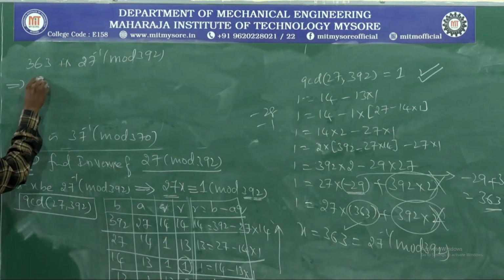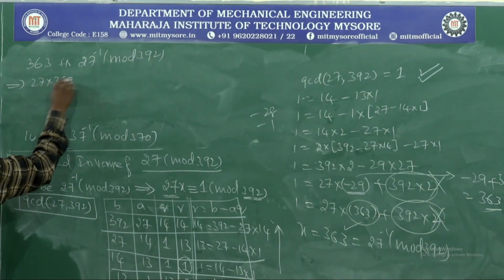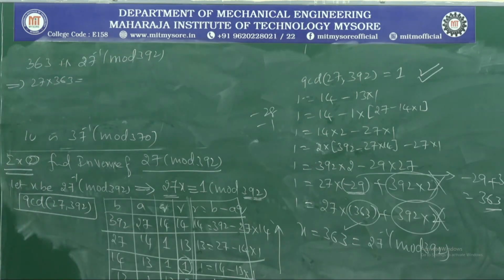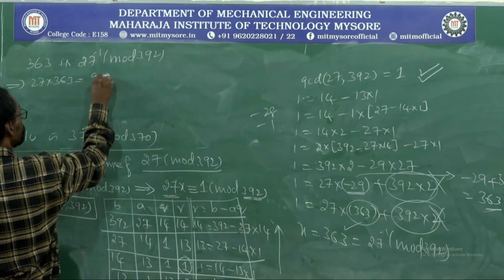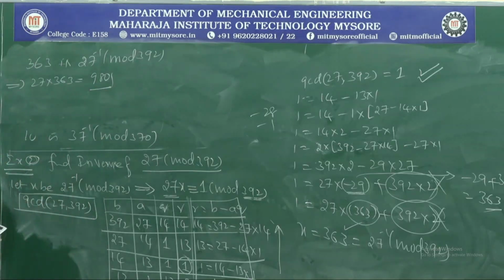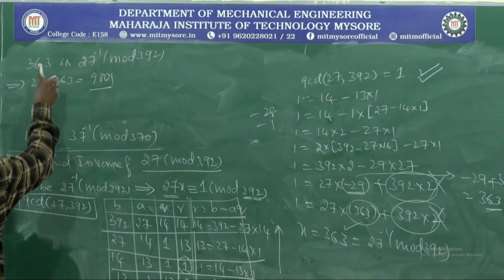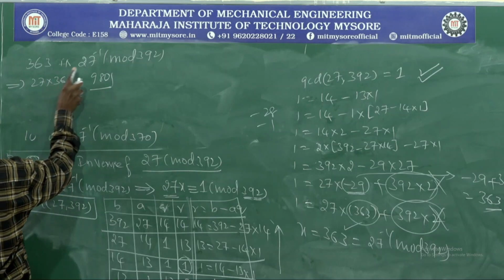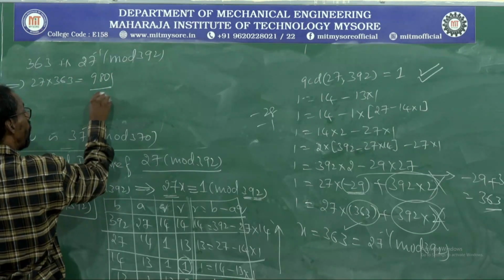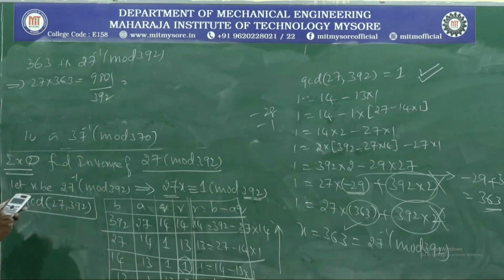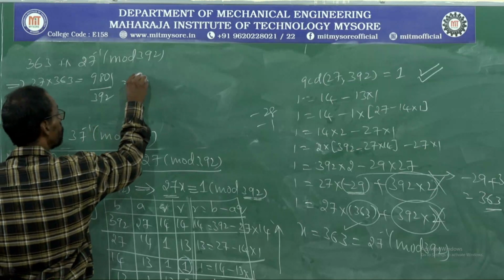This implies take 27 into 363, which is equal to 9801. Divide by the modulo value, so we divide by 392.